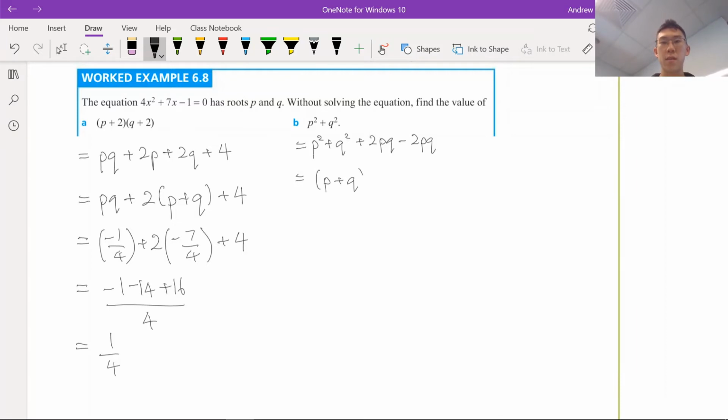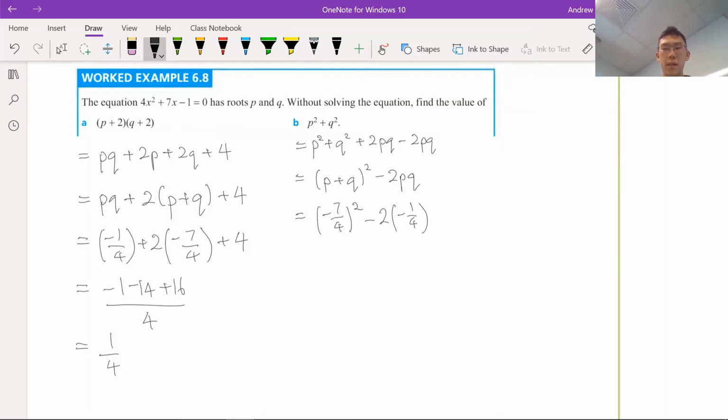Perfect square. And now see how we have P plus Q and we have PQ? So now you can do P plus Q is negative B on A squared minus, and PQ is what? Negative 1 on 4, yep.